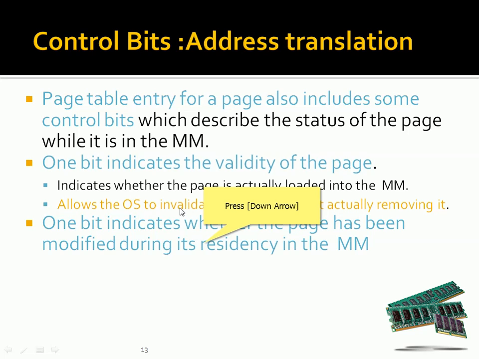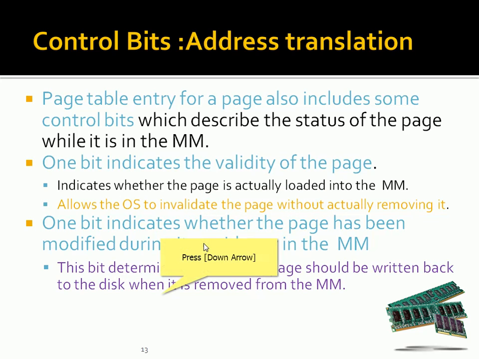So if the page is updated, that information is also recorded. This bit determines whether the page should be written back to disk when it is removed from main memory. So it is noted that the page should be sent back to disk when it is removed from main memory.